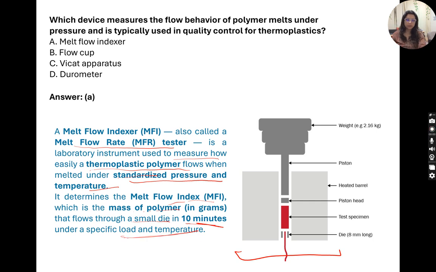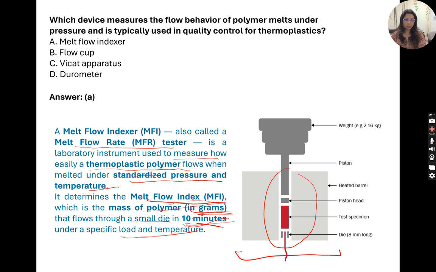Here, we pour the polymer or plastic material, and under the temperature and pressure conditions it melts and flows through this cavity, and we measure how many grams of polymer flow through in 10 minutes. That's how one can measure the melt flow index.